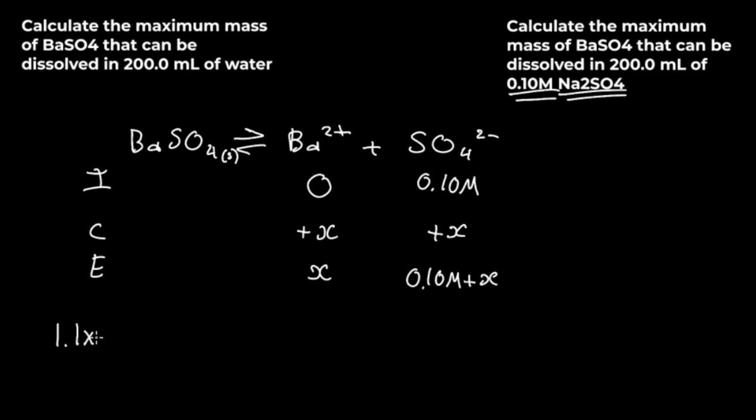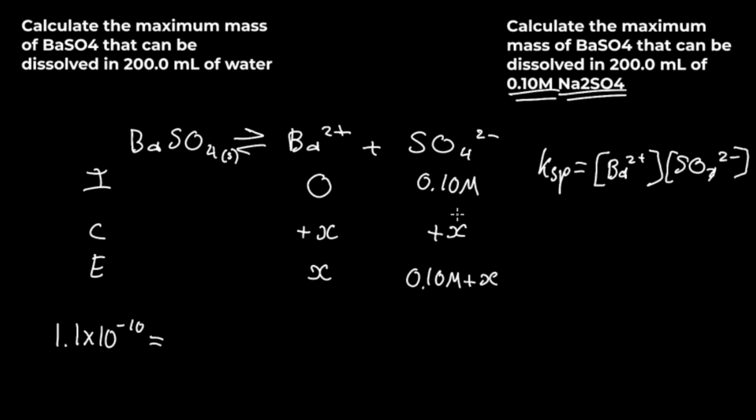So 1.1 times 10 to the negative 10 is going to equal, and remember the Ksp expression is written like this: Ksp equals Ba2+ times SO4 2-. So this is going to be X, and this is going to be 0.10 plus X.